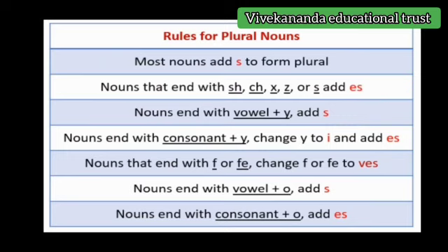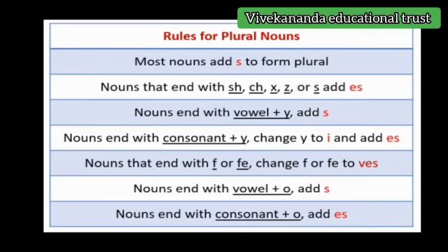We have certain rules. If the singular noun ends with sh, ch, x, z or s, we have to add es at the end of the plural noun. If the singular noun ends with vowel plus y, then we have to add s. If the noun ends with consonant plus y, change the y to i and add es.